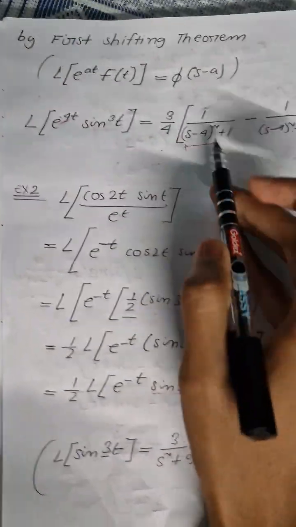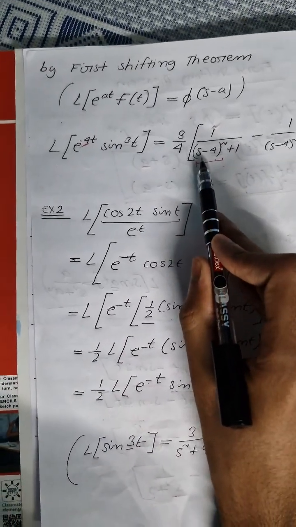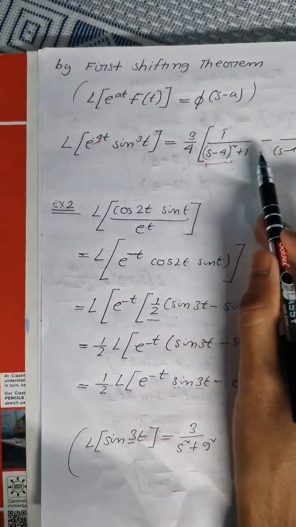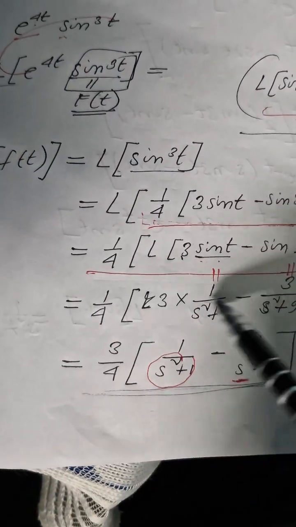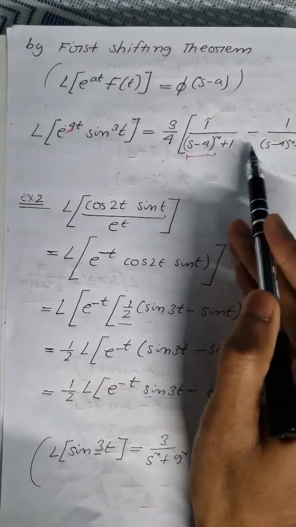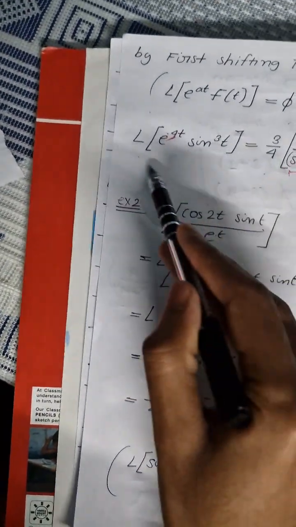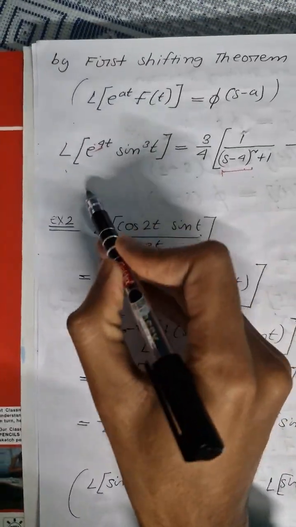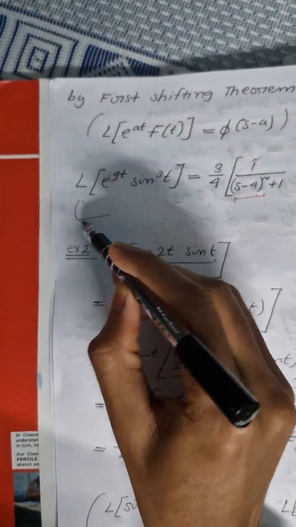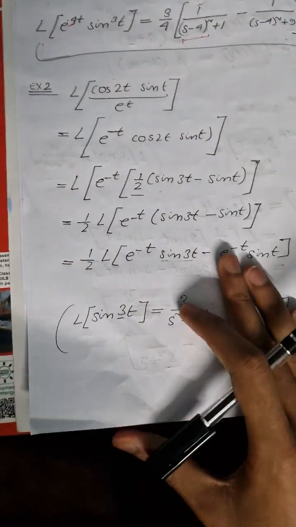When we relate to the definition, we put the value in the phi, which is this function. So here we can see now s minus 4 whole square plus, s minus 4 whole square in this place. This whole statement here is the answer when we relate with the definition.